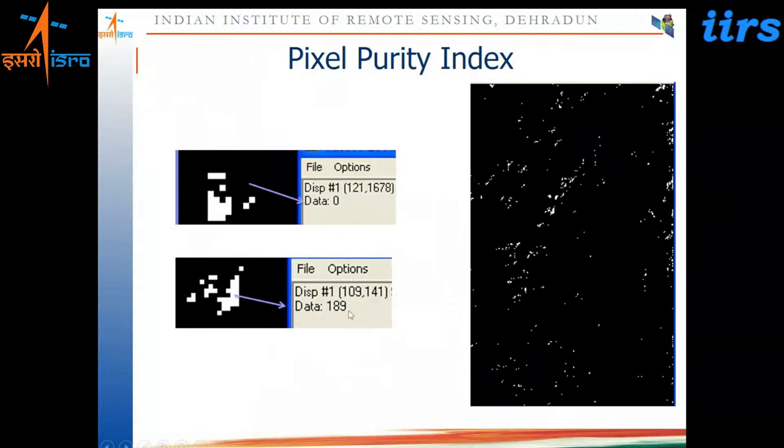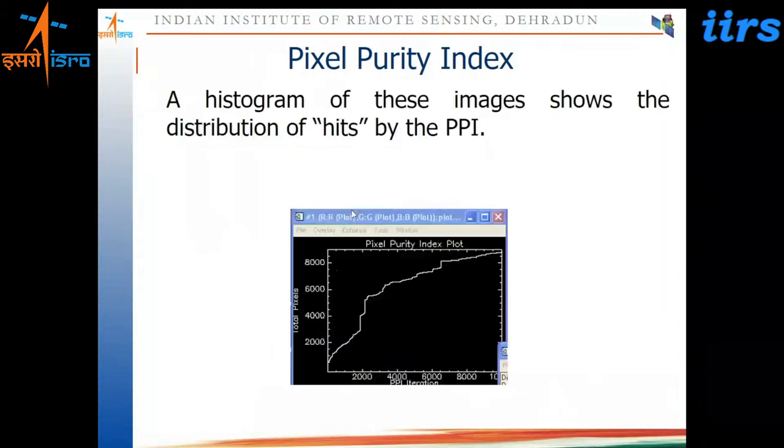The data you can see in the pixel purity image is the count of how many times that pixel has appeared as the end member or pure pixel. If you have applied this 10,000 times, the result shows how many pixels appear as pure pixels over the number of iterations.